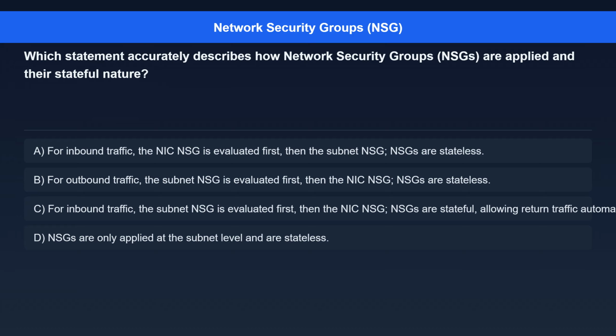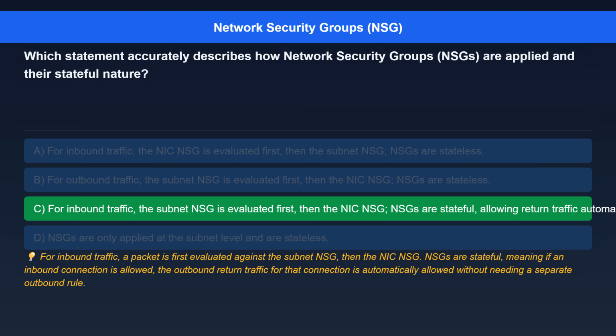NSGs are stateless. Option C. For inbound traffic, the subnet NSG is evaluated first, then the NIC NSG. NSGs are stateful, allowing return traffic automatically. Option D. NSGs are only applied at the subnet level and are stateless.